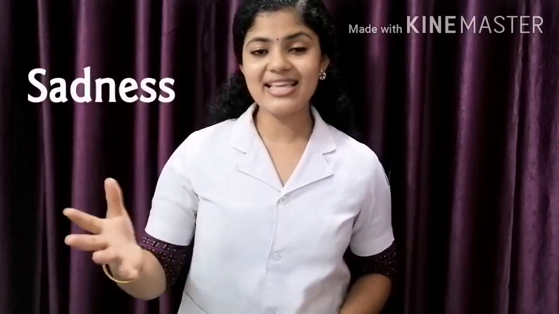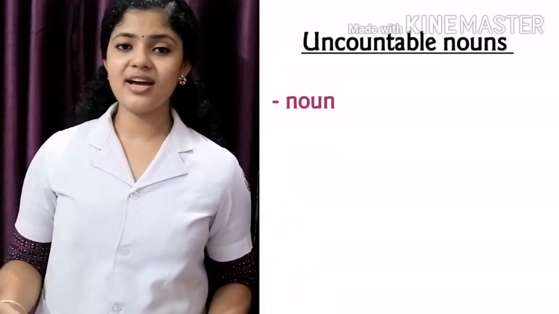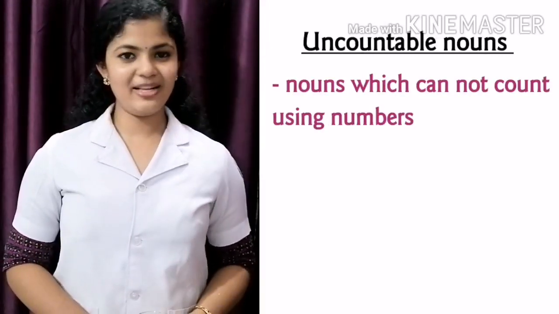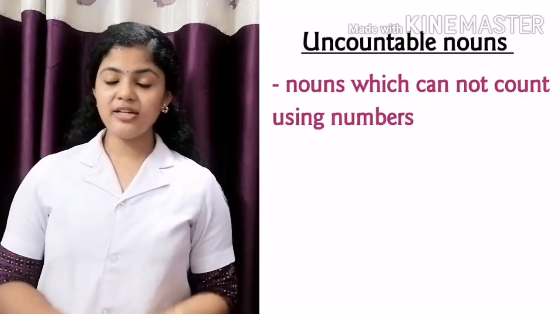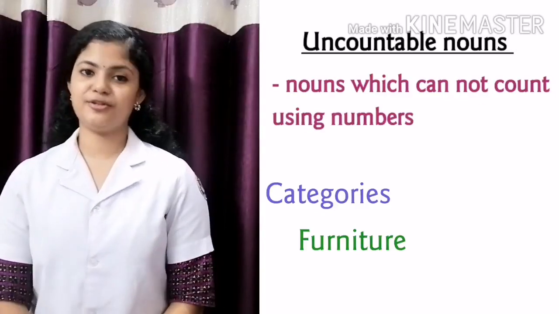So, there are some nouns which we cannot count. Say the noun sadness. Can you say, he had 2 sadness? Or he had 3 sadness? No, we can say he had sadness. Right, so there are some nouns that we cannot count. They are known as uncountable nouns. Most of the uncountable nouns are categories. For example, the word furniture.